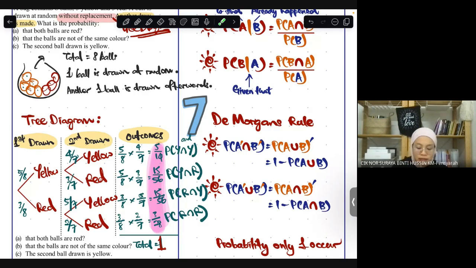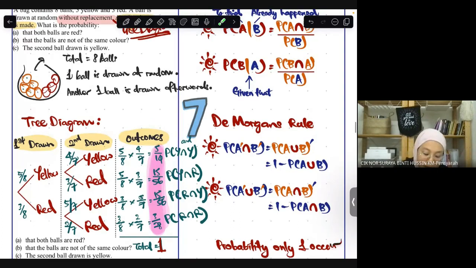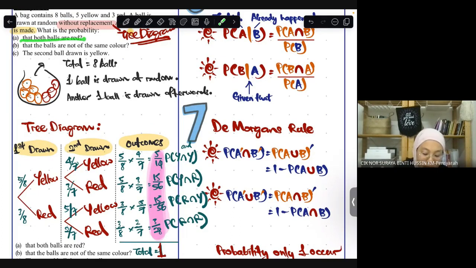But the next question is what is the probability that both balls are red? Okay, both balls are red. Actually you already know from here both events are red and red. So the answer is literally 3 out of 28.